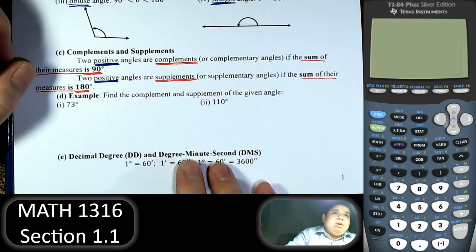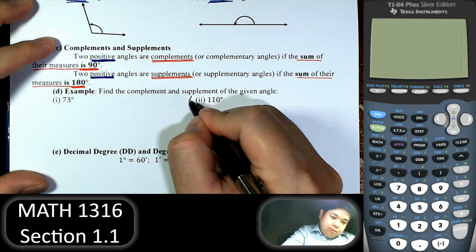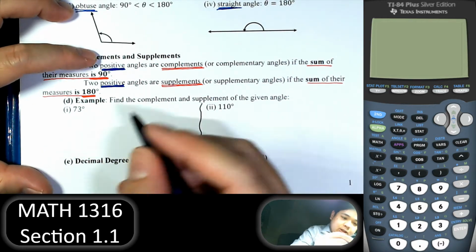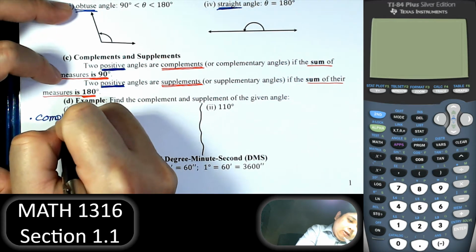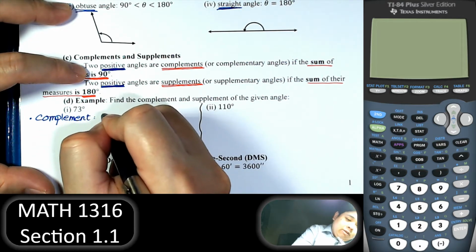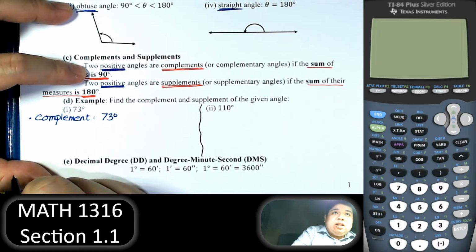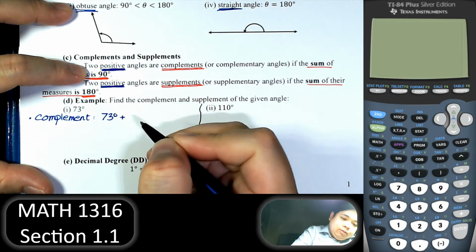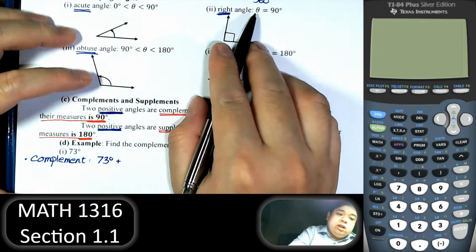Let's look at the first example. Find the complement and supplement of this angle. First, the complement. A complement of 73 degrees is some angle. We can use anything, say angle A, or here we use the angle theta.